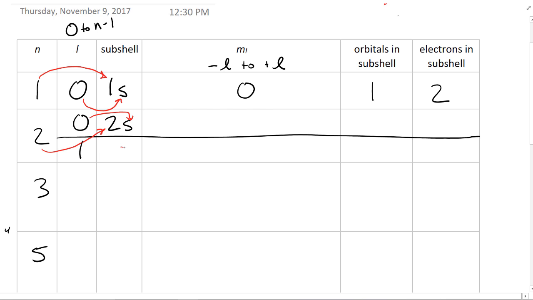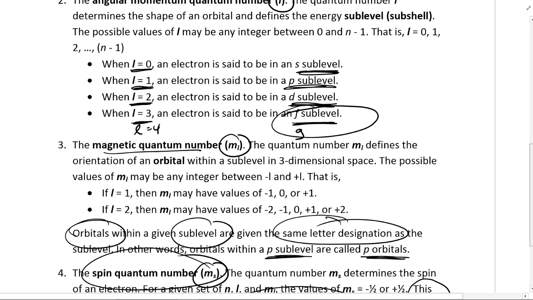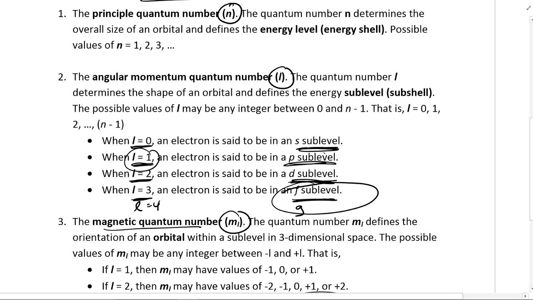What would the subshell notation be right here? It's going to be 2p, because when L is equal to 1, we say it's in a p subshell or p sublevel.